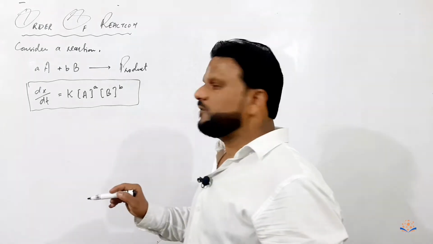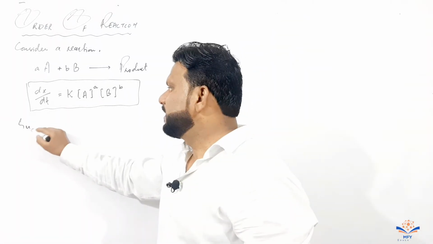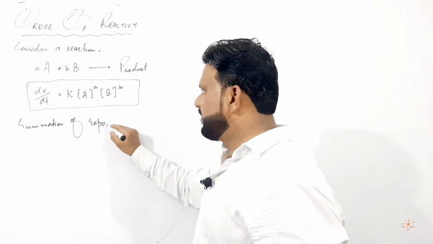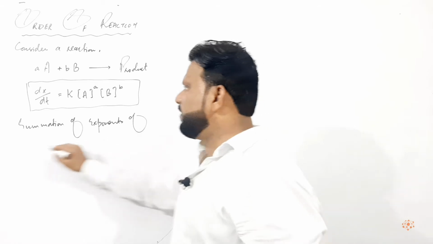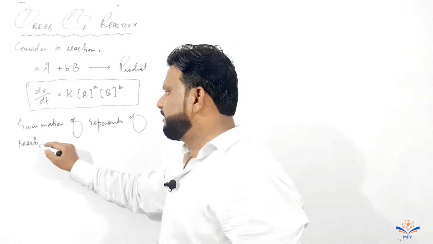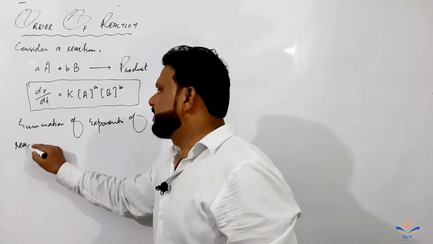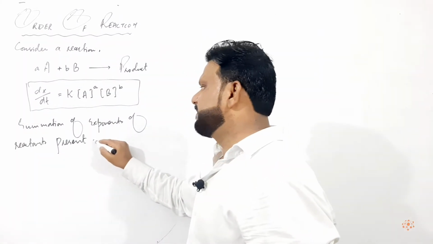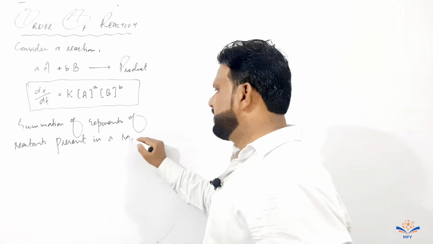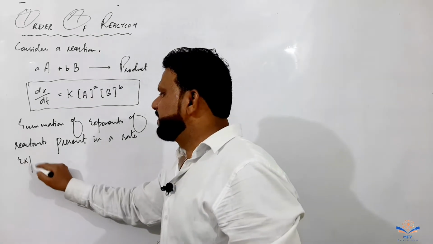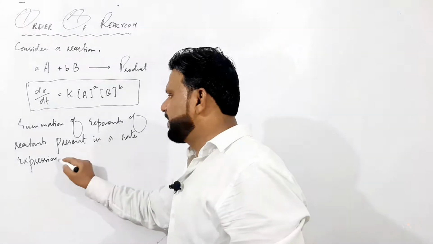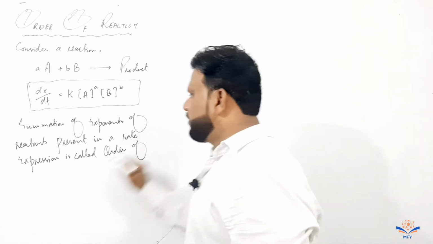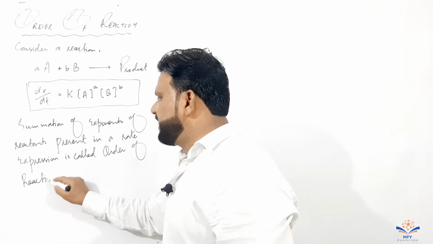How can we define order of reaction? Summation of exponents of reactants present in a rate expression is called order of reaction.